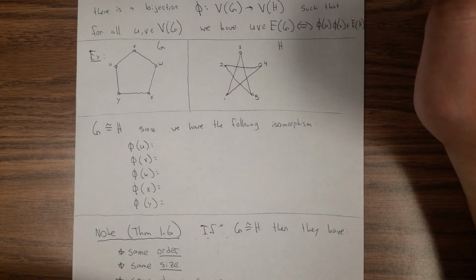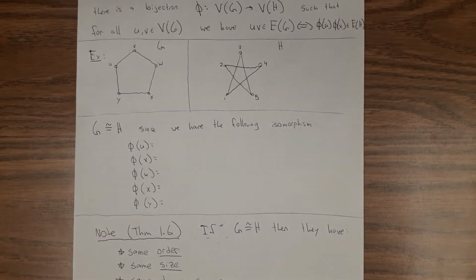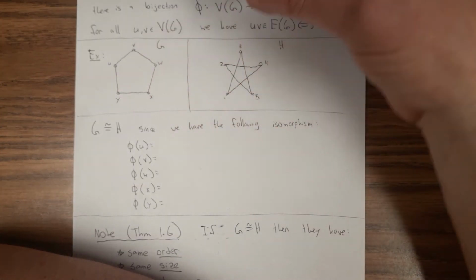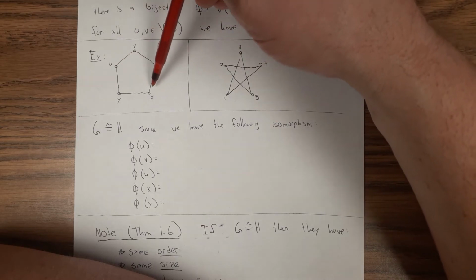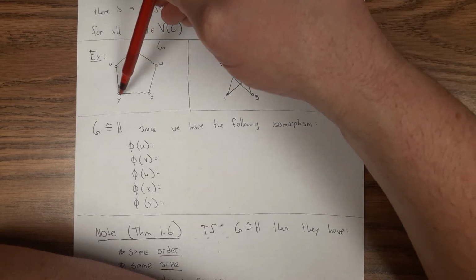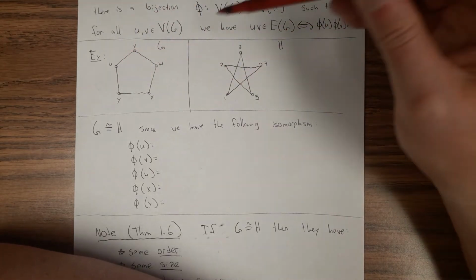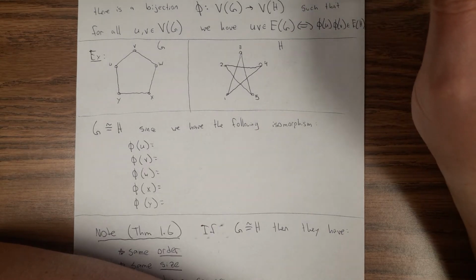So what do I want to do? Roughly speaking, I can sort of see the correspondence between these two graphs. And these are relatively simple graphs. This is just what we call a 5-cycle. It has 5 vertices, and for the edges, it just kind of goes around in a closed loop.